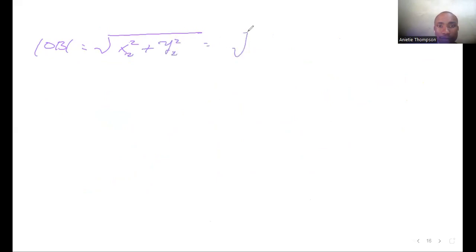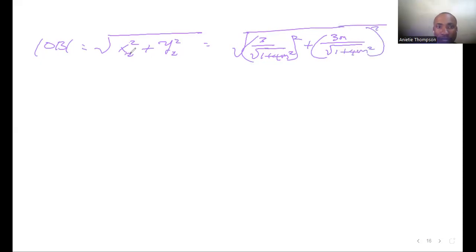That's the distance formula. By substituting, you have 3 all over square root of 1 plus 4m squared, all squared, plus 3m all over square root of 1 plus 4m squared, all squared, because those are the values of the x2 and y2, or you call that the alpha and the y alpha. That is the notation I was using in case you may want to ask.